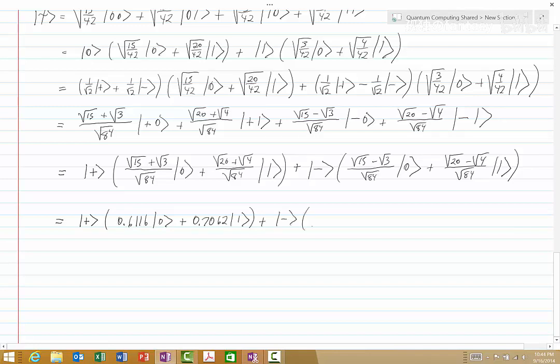And then for the second parenthetical term, we will have 0.2336 |0⟩ plus 0.2697 |1⟩.